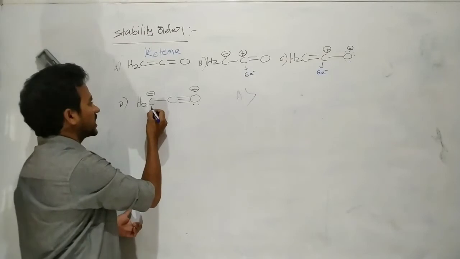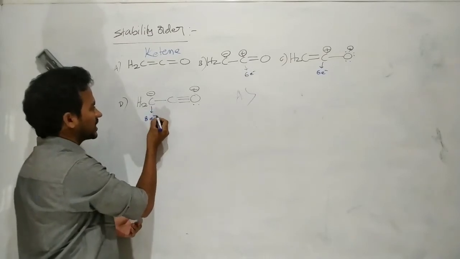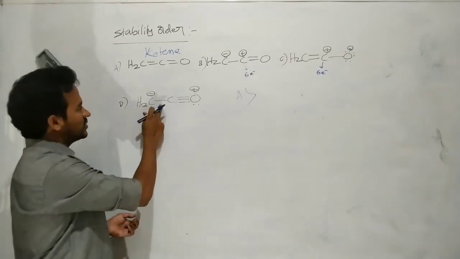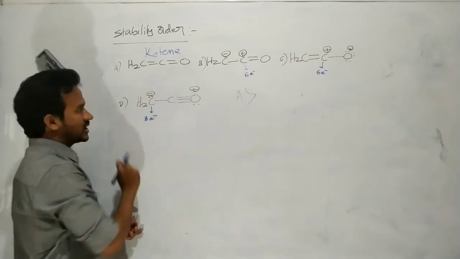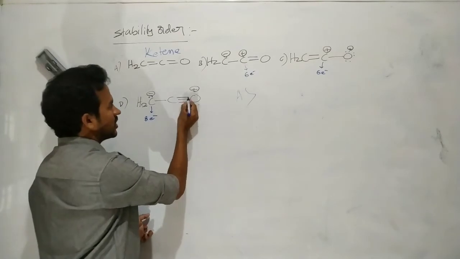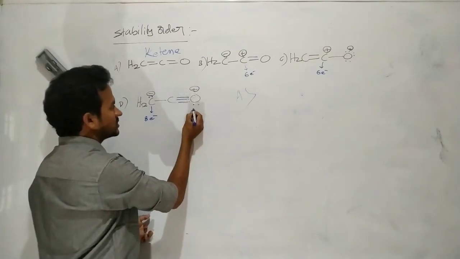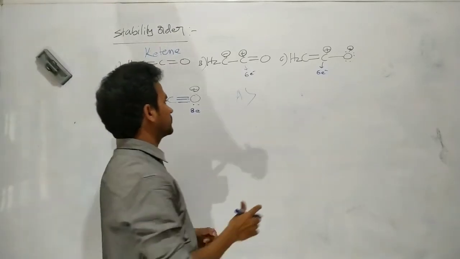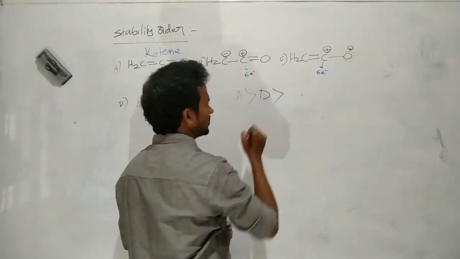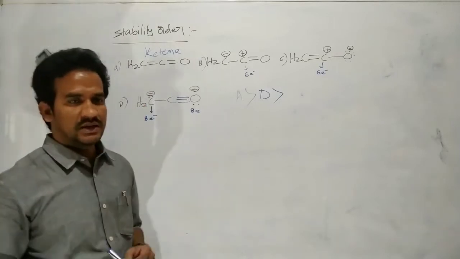Now this negatively charged carbon has 8 electrons: 3 bonds and the negative charge is 2 electrons, so there is an octet configuration on this carbon. Here again 3 bonds and 2 electrons, 8 electrons, so the 2 atoms have the octet configuration. So D is more stable.